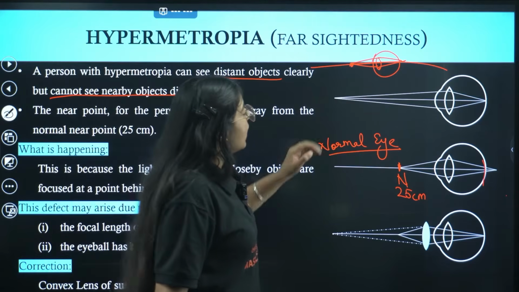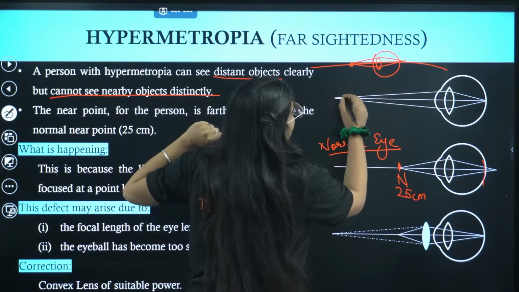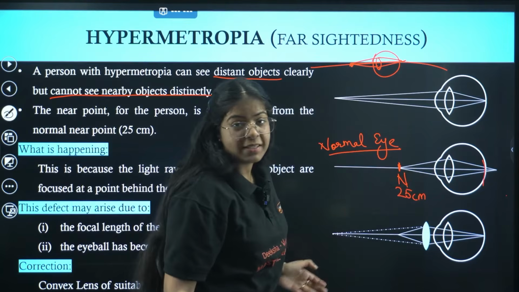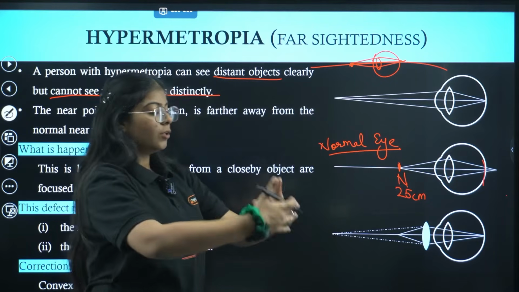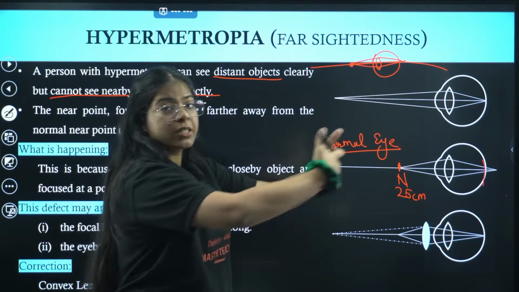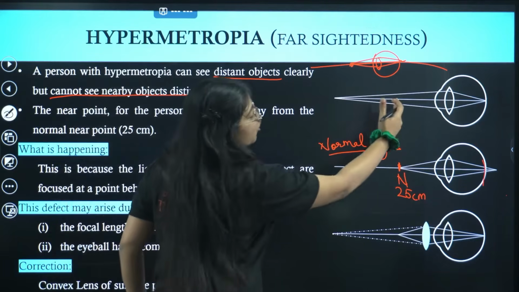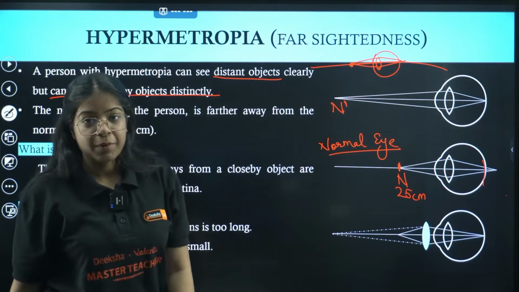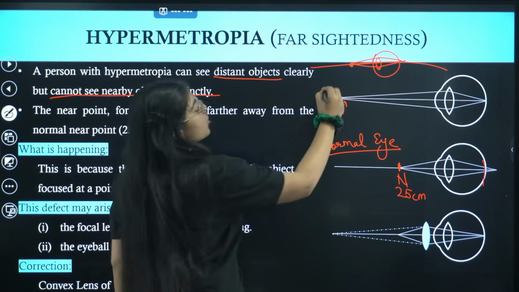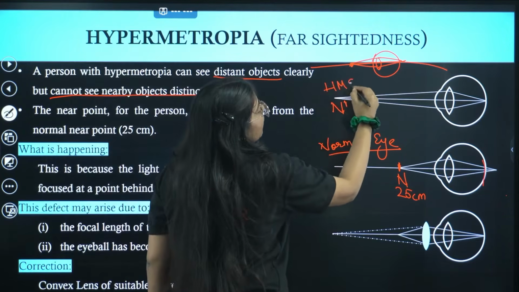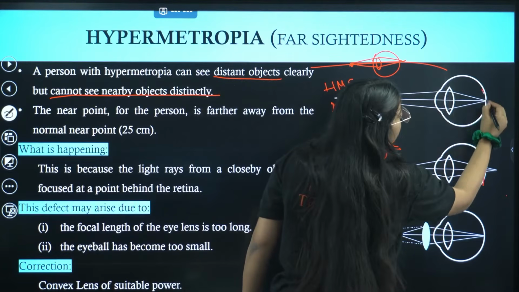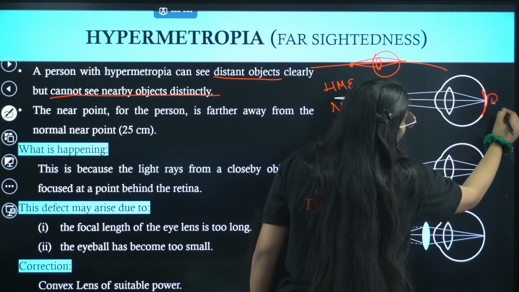See, my normal near point was here, 25 centimeters. I told you that my near point shifted backwards. If this is my hypermetropic eye and I shift my near point backwards, now my lens is able to focus on the retina perfectly.